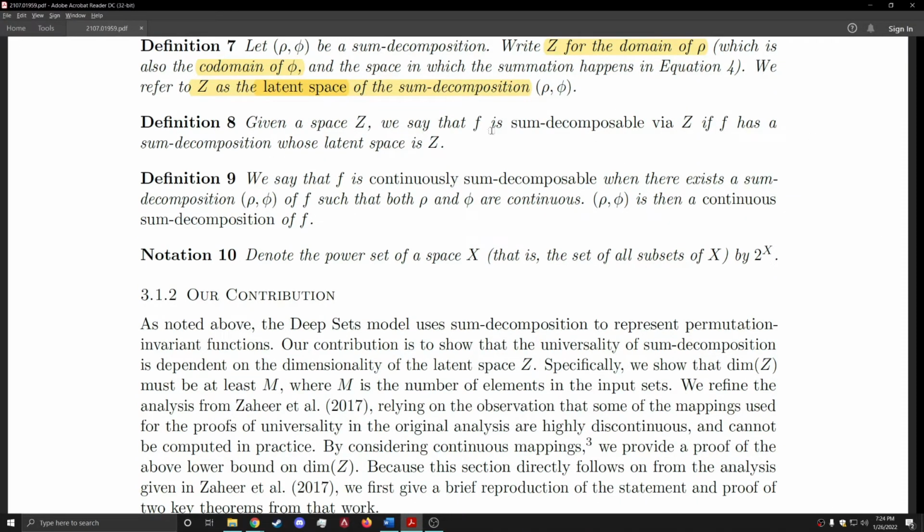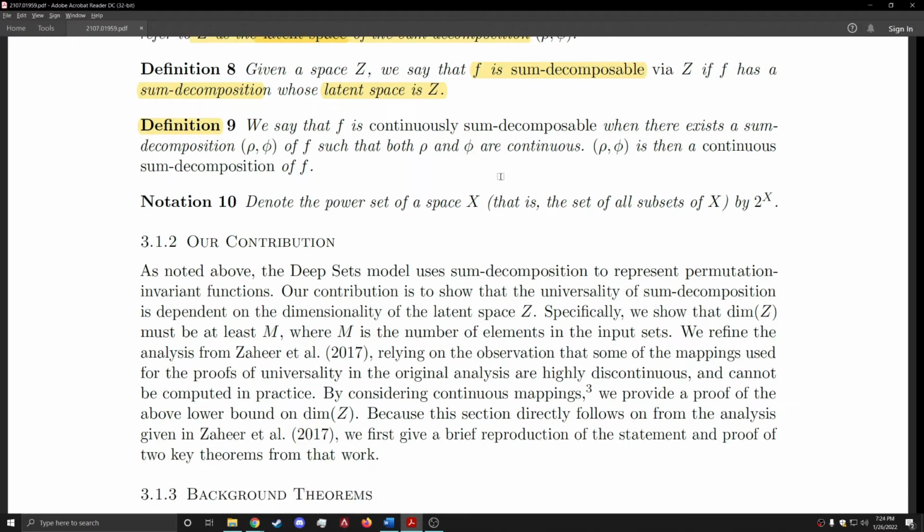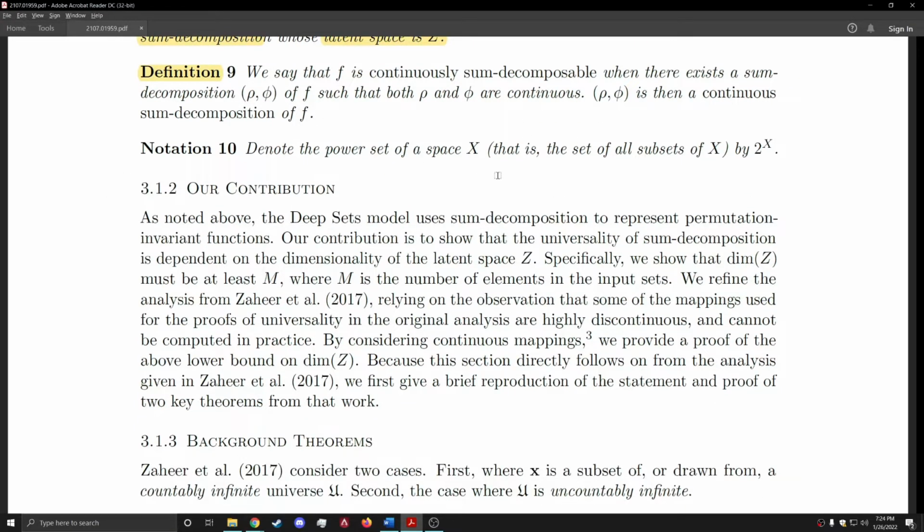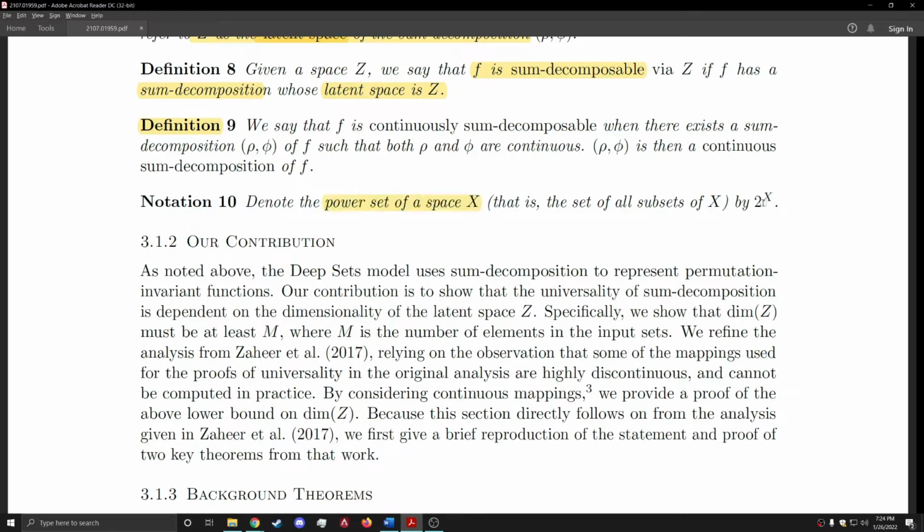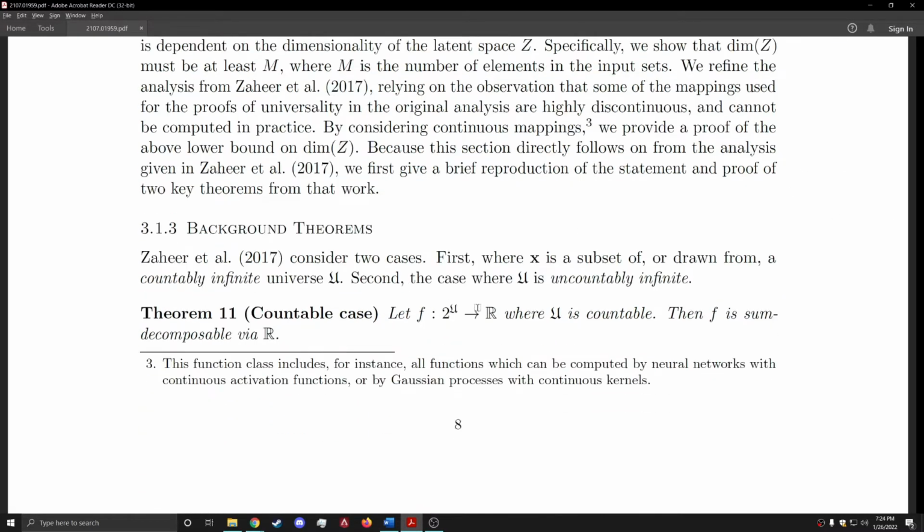We say that f is sum decomposable if it has a sum decomposition whose latent space is Z. A little bit long-winded there, but I think it's straightforward. We're also going to have the power set of X, which is represented by 2 to the power of X. So let's jump right into it.